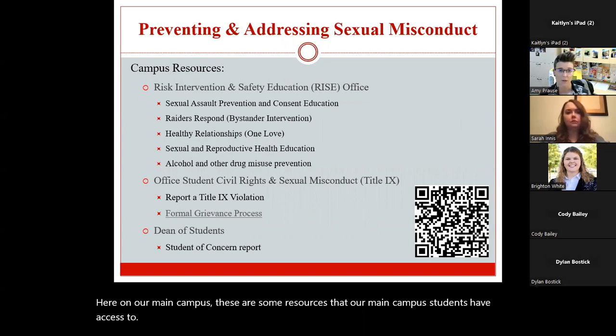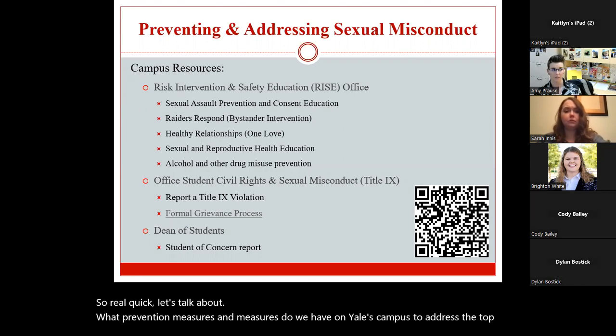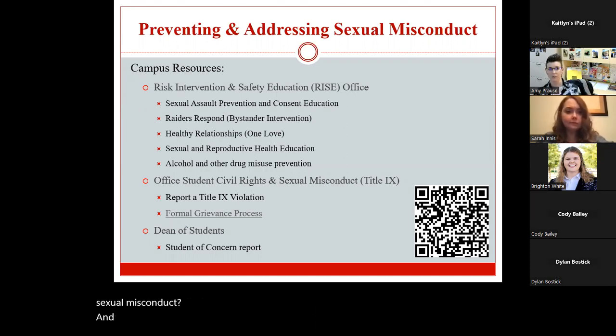So real quick, let's talk about what prevention measures do we have on y'all's campus to address the topic of sexual misconduct and create conversation now. Any thoughts, folks?